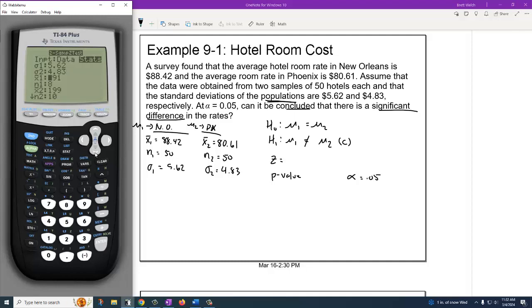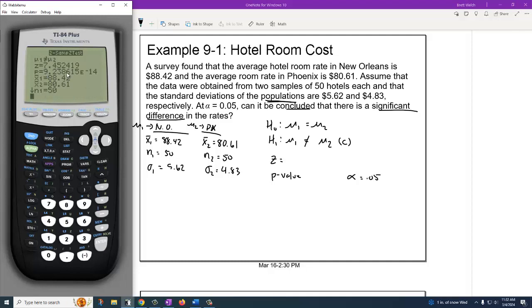X bar for 1 was 88.42 and N1 was 50. X bar for 2 was 80.61 and N2 was 50. We want not equal to, and we'll say calculate.